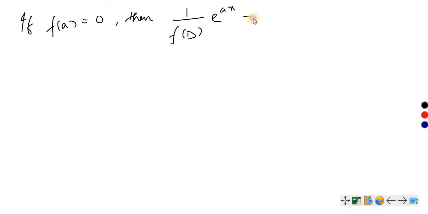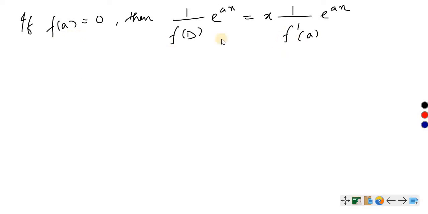If we get our denominator part 0, that is f of a is equal to 0, then what we have to do is simply write e to the power ax in the normal way, and then simply differentiate the f part. Since we have differentiated this f of a once, we will multiply it with x and e to the power ax. So this is how we find the particular integral if we get the denominator part f of a equal to 0.